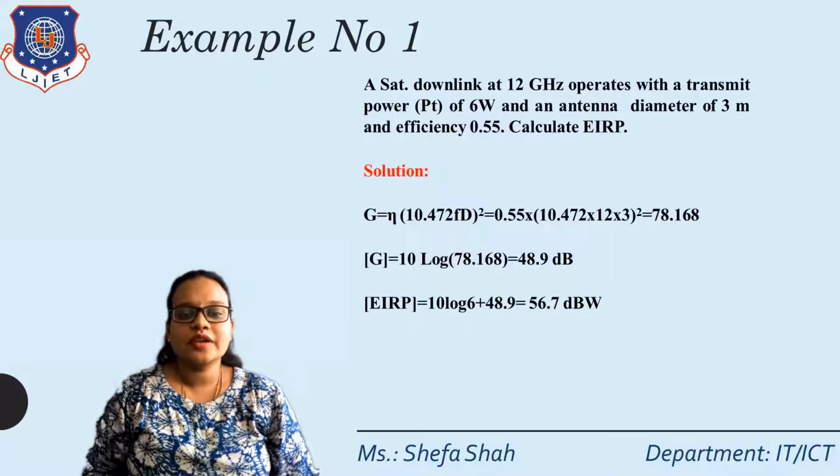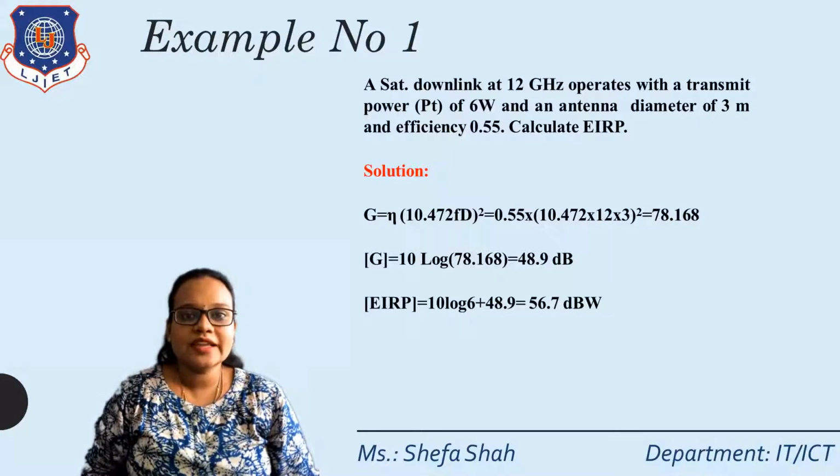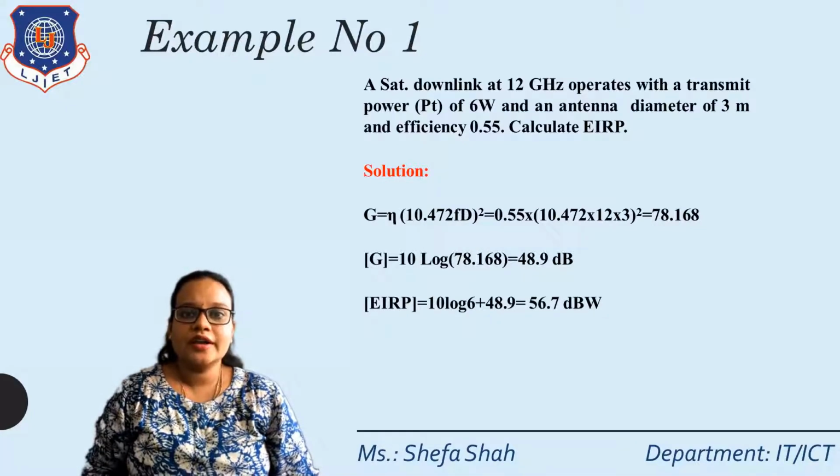First of all, we will calculate both the values, PT and GT, in decibel form. When we calculate G, it is 10 log of 78.168. After converting into decibels, we get the value of G, that is 48.90.